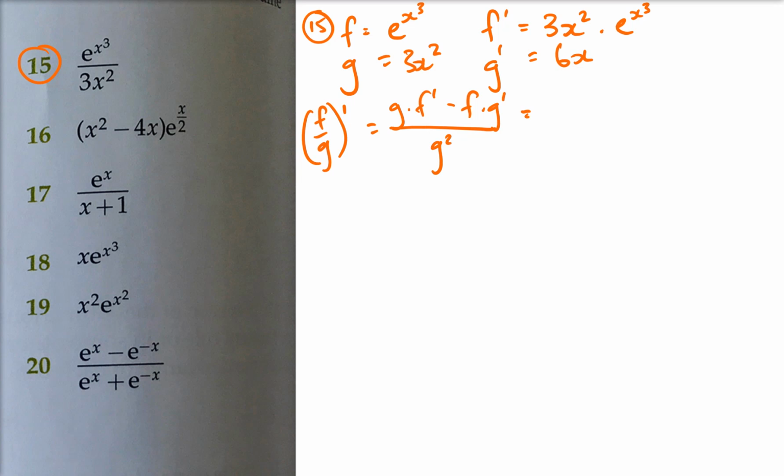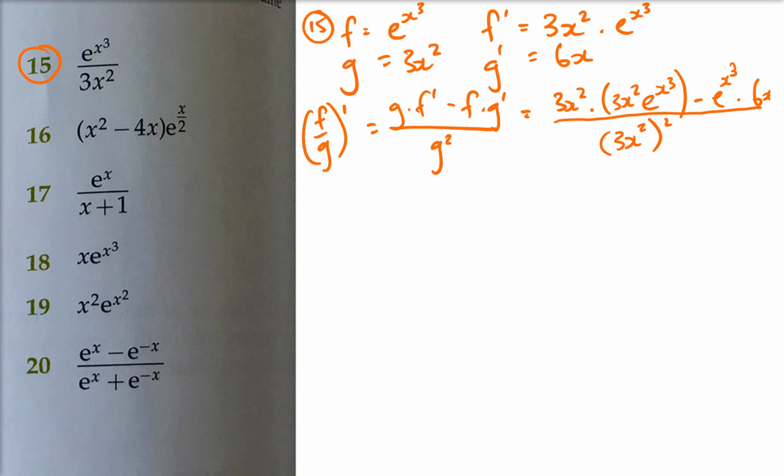So if I go 3x squared times e to the x cubed minus f, which is e to the x cubed times the derivative, that's 6x, all over g squared, which is 3x squared squared. Now, that's your achieved answer.